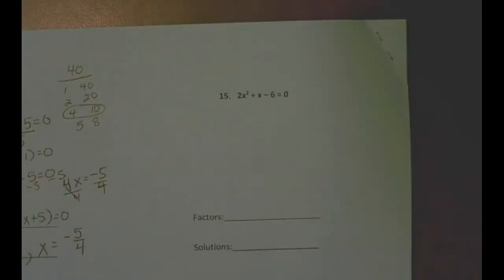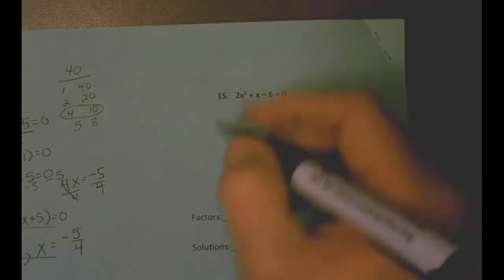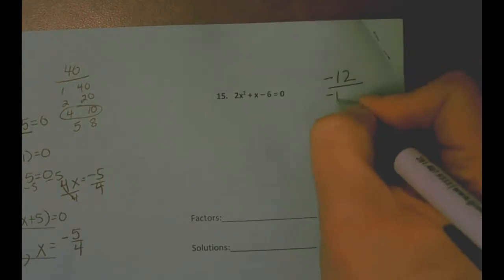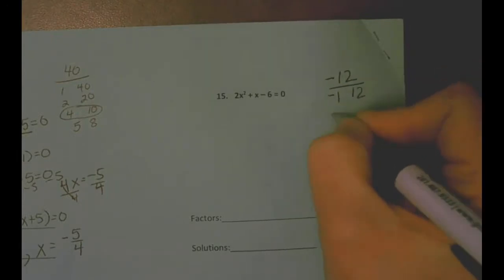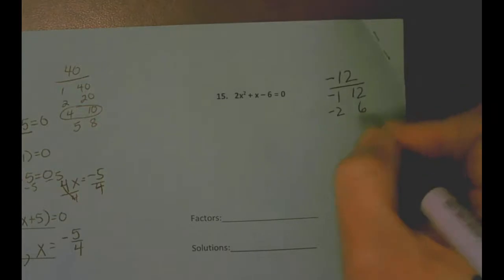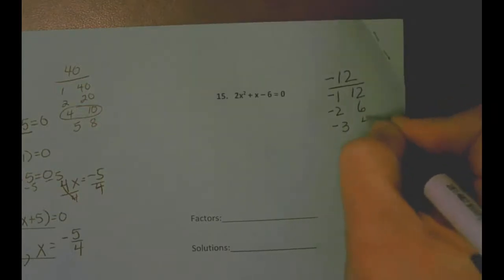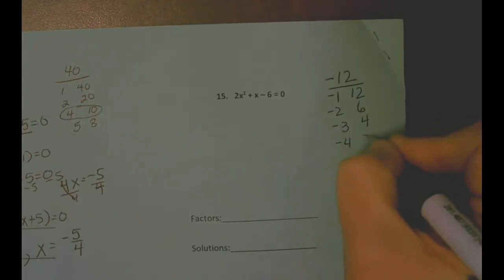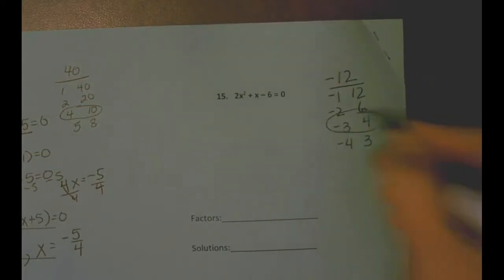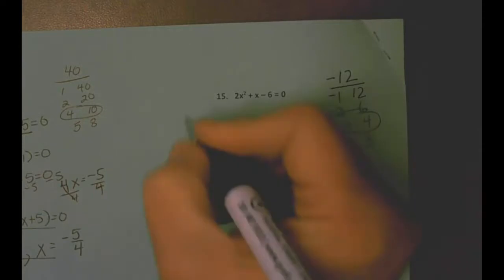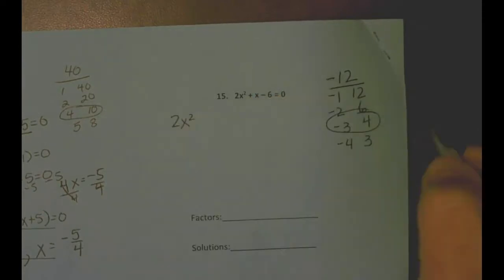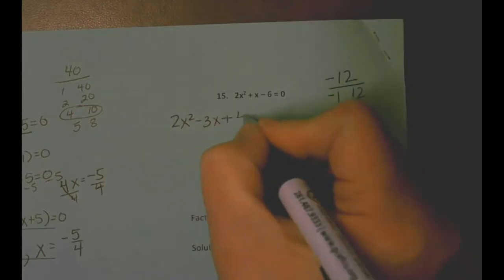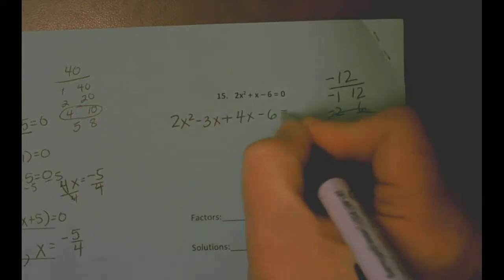On this one over here, multiply the first number times the last number, and so I have negative 1 and 12, negative 2 and 6, negative 3 and 4, negative 4 and 3. Oops, that's the pair I need right there. 2x squared minus 3x plus 4x minus 6 equals 0.